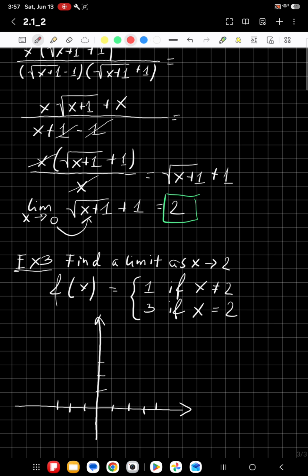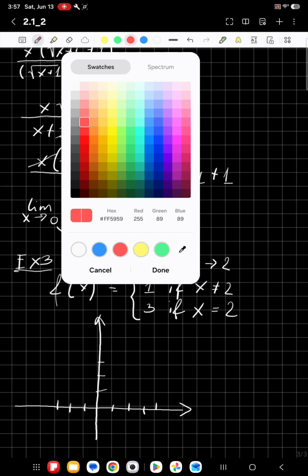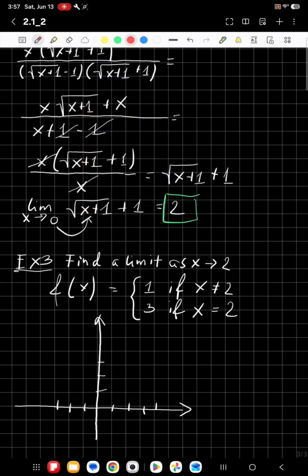The first function is f of x equals 1 if x does not equal 2, so we need a hole at 2.